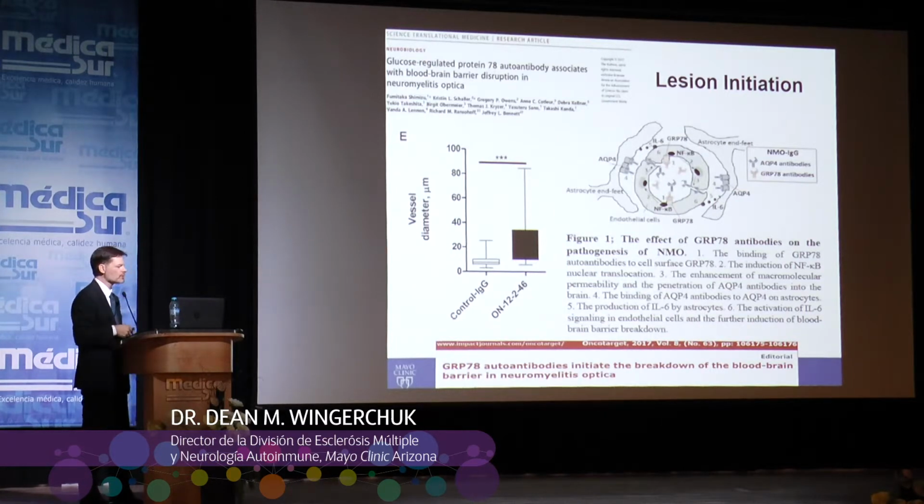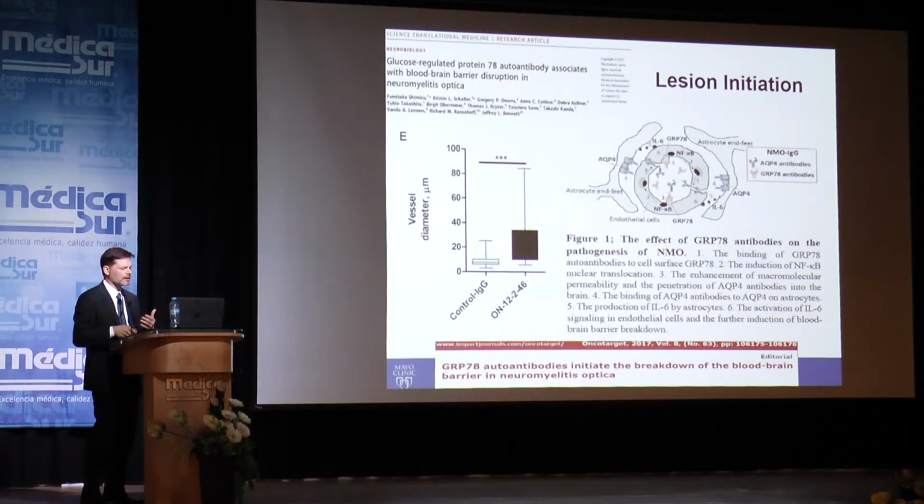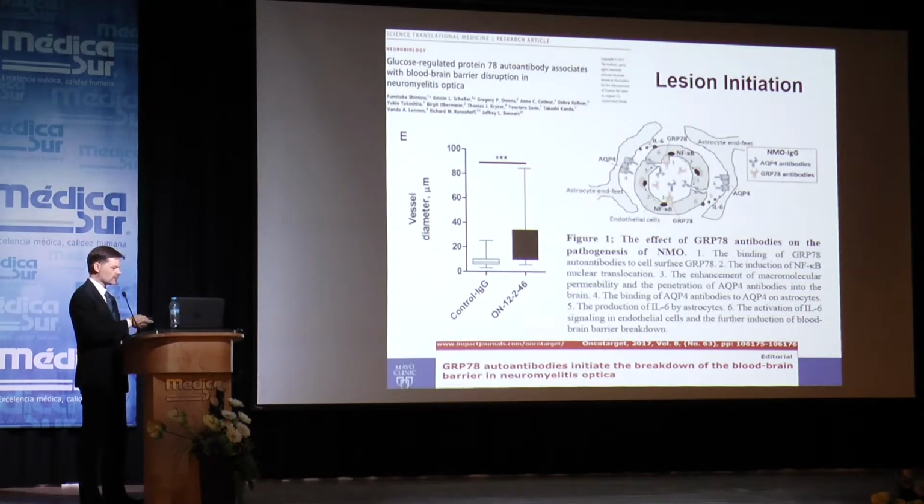And here was an exciting development recently showing that another protein called GRP78 is associated with blood-brain barrier disruption. And it's thought that that activation of this protein through interleukin-6 mechanisms, probably triggered by viruses, may be something that opens up the blood-brain barrier and allows the aquaporin 4 antibody to reach its antigen.